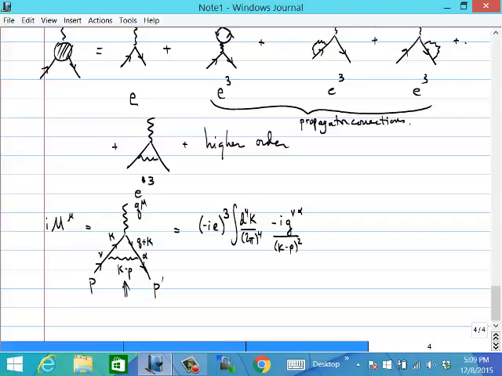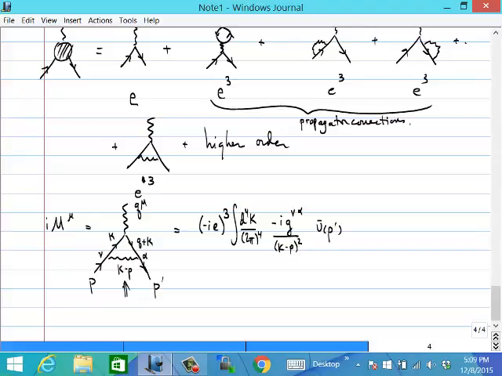Now we have to work out the various polarization structures. So you have a u bar of p prime. As usual, we're contracting the spinor indices along the arrows in the Feynman diagram.